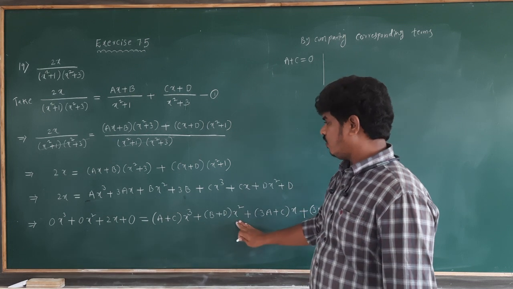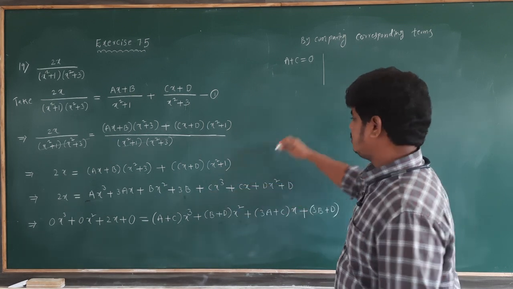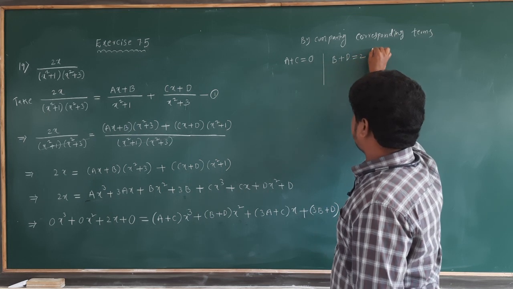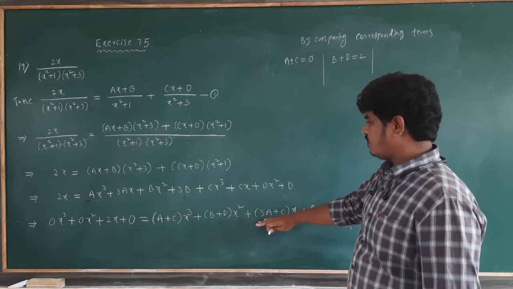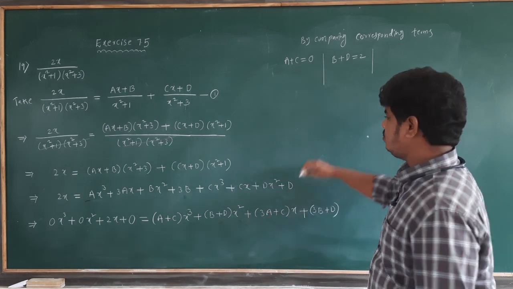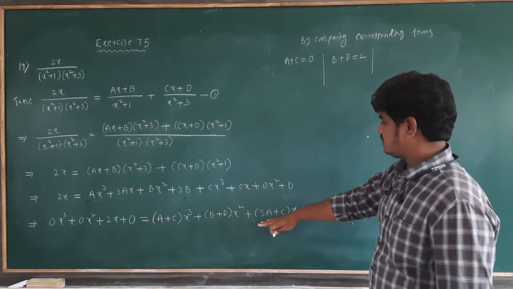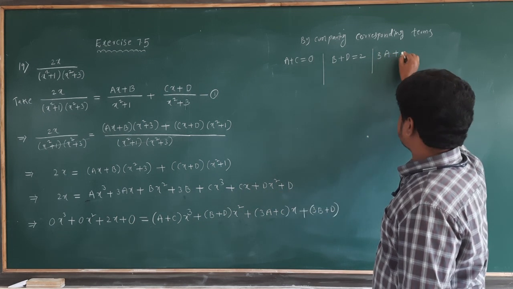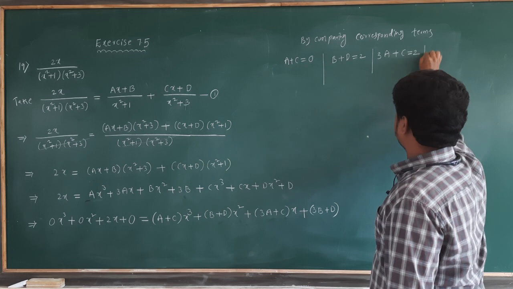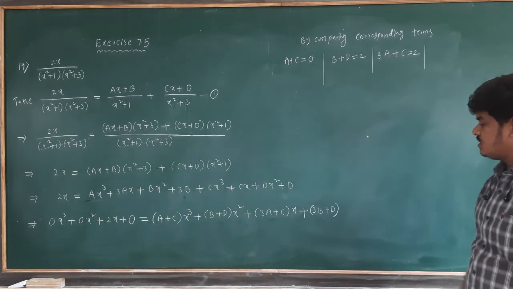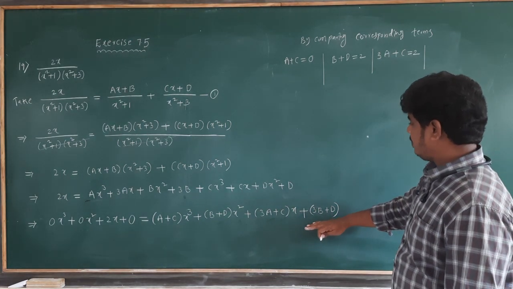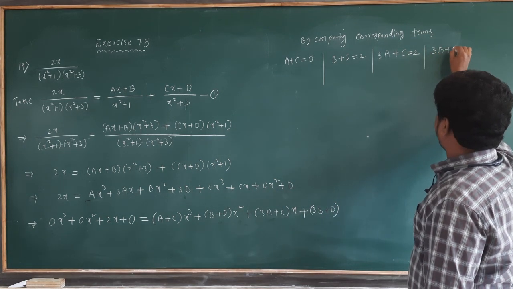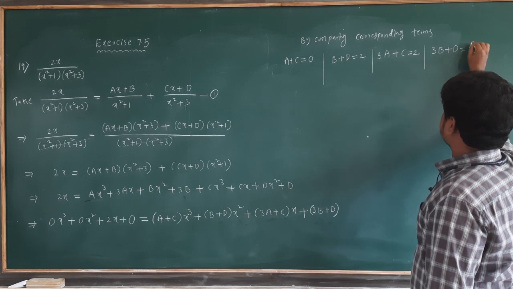Next, x square coefficients: b plus d is equal to 2. Next, x coefficient: 3a plus c is equal to 2. Next, constant terms: 3b plus d is equal to 0.